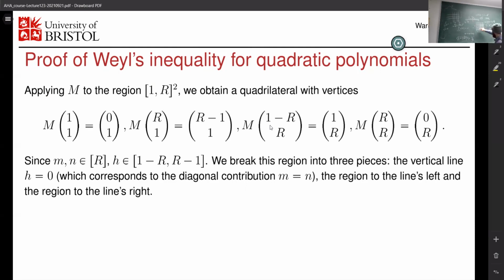Now, the center line is the diagonal here, which is when m is equal to n or when h is equal to 0. So this is n in that direction and h in this. Oh, no, sorry, this is h, and that's n. And this is h equals 0.